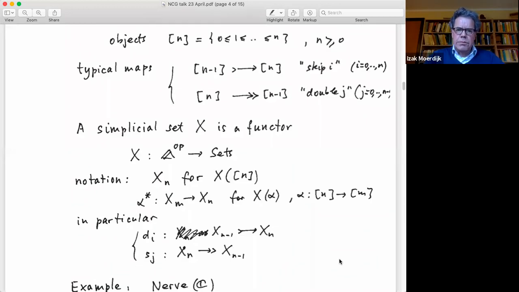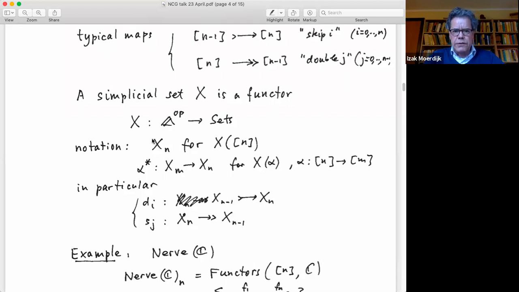Okay, so a simplicial set is a functor from the opposite of delta to sets, and there is some standard notation for such an object. Namely, one writes x sub n for the value of x at this object brackets n, and the contravariance is denoted like this. If you have a map alpha from n to m, then it induces a map in the other direction, from xm to xn. And that's usually just denoted alpha upper star.